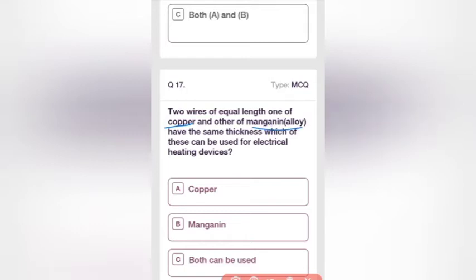See, usually alloy will be used for heating devices. Which kind of alloy will we use? It should have high melting point, high resistivity, high resistance. It should not oxidize at high temperature. So that means the alloy, right? We can't use copper for heating devices. So manganese is the correct answer.